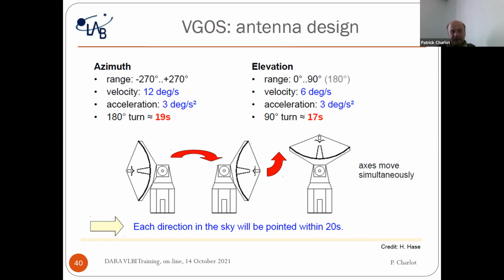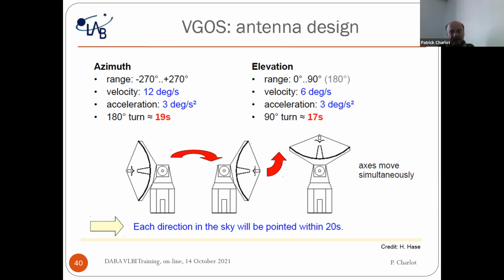So how could you do this? If you look at the network that we have today, usually it's large antennas, 20, 30 meters in size, and they don't move that fast, which means that when you move from one part of the sky to another, it takes some time, because these are big instruments and you cannot move them very fast.